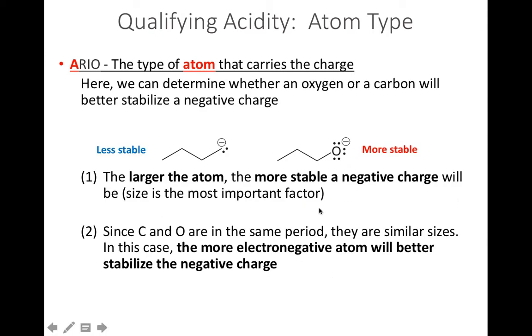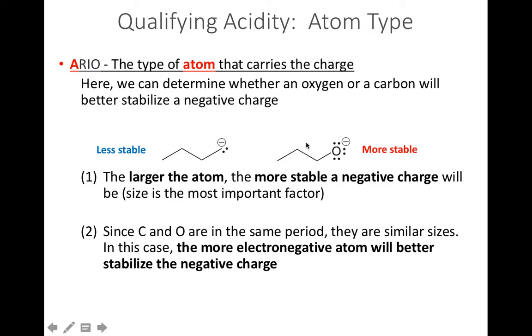The two things that we look at in terms of the type of atom: the larger the atom is, the more stable the negative charge will be. Because carbon and oxygen are in the same row of the periodic table, they're about the same size. So the next thing we look at is electronegativity. The more electronegative atom will better stabilize the negative charge.